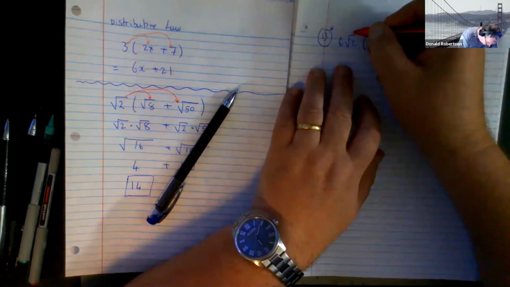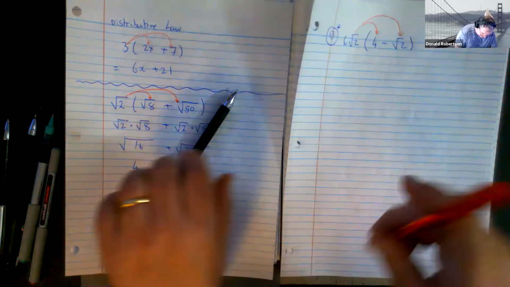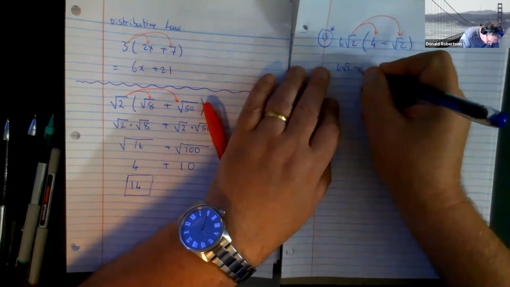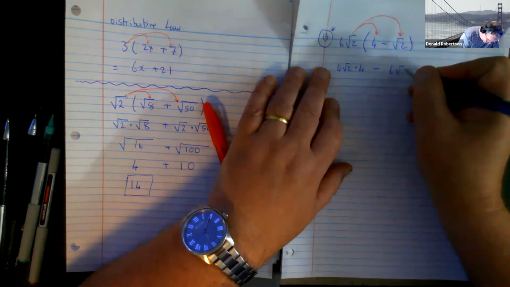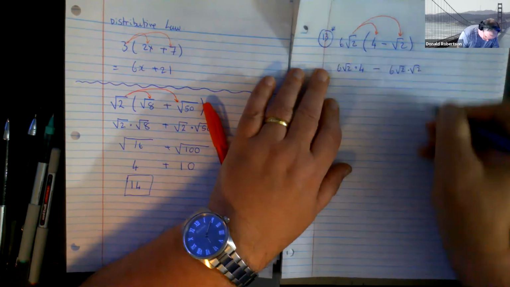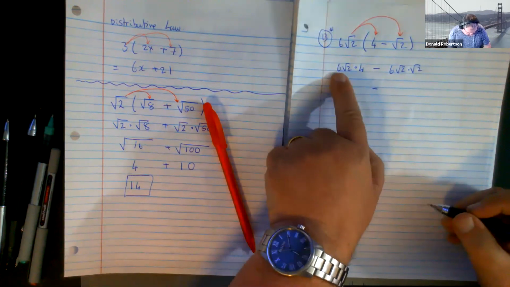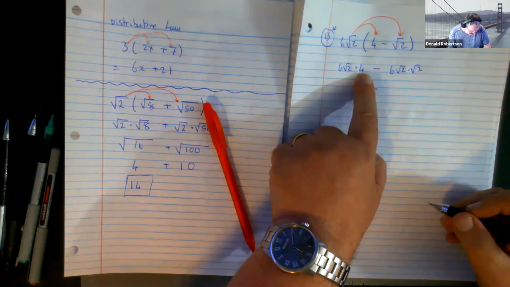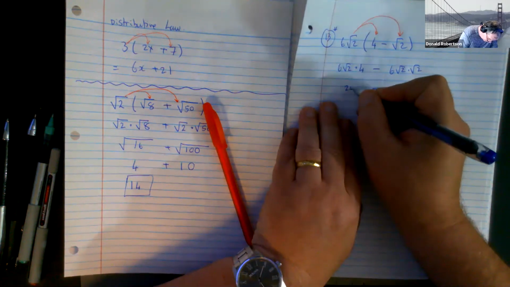Distributive law says multiply these and these together. So it's going to be 6 square root of 2 times the number 4, take away 6 square root of 2 times the square root of 2. In this case, we've got numbers and one single square root, so there's not an awful lot going to happen here except the 6 times the 4, and I'm going to have 24 square root of 2's.